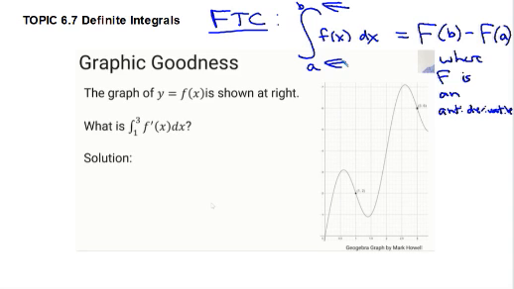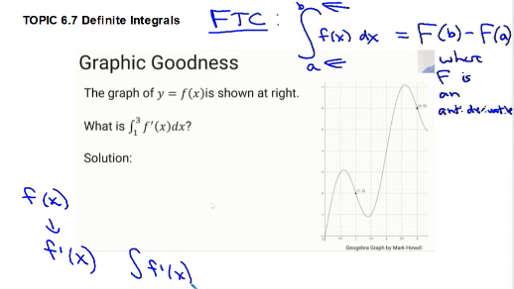So just real quick before we tackle this problem, if I have a function f of x, its derivative is f prime of x, right? Well, if I integrate f prime of x, I will get f of x.